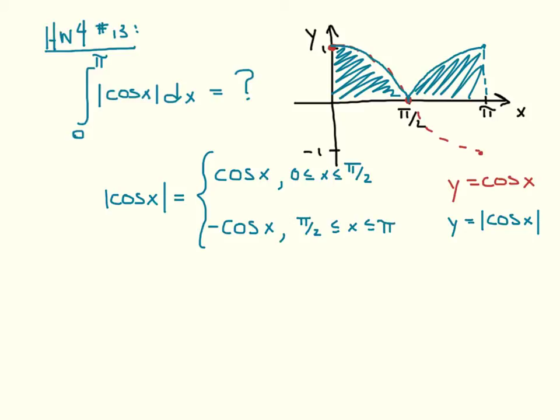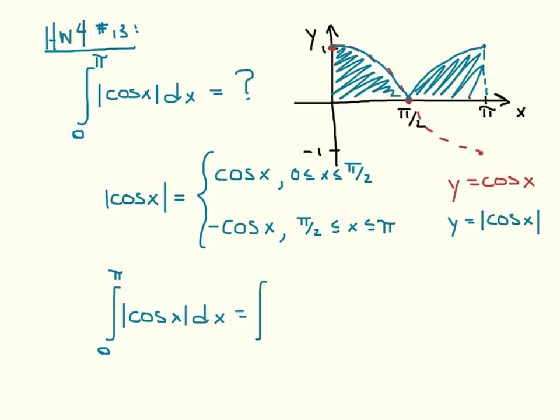Okay, so now we have a good algebraic way of expressing what's going on, and we can then figure out how to rewrite our integral without an absolute value sign, but so that it's equivalent. If you recall, one of the basic properties of definite integrals says that we can split a definite integral at any point between the lower and upper bounds. So if I'm going from 0 to pi, I can split it at pi over 2 where this change in sign happens.